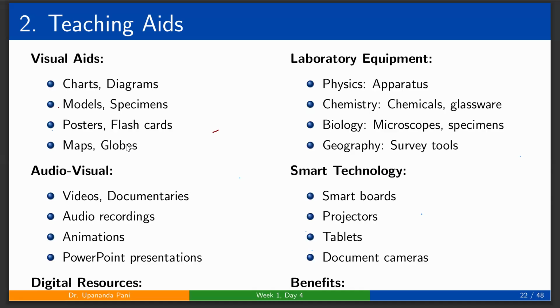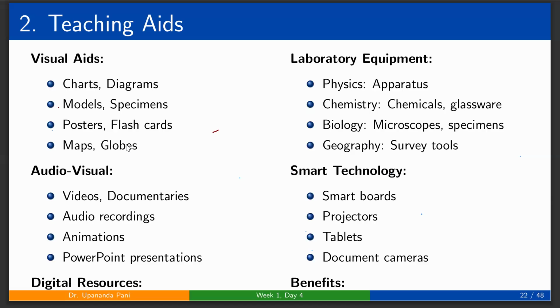Don't think that you will always get a computer or LED screen before you. You can think of innovative ideas of using artifacts in your classroom. If you are a history teacher, you can use maps or globes, and you can have posters, flashcards, right? So all these are very important.